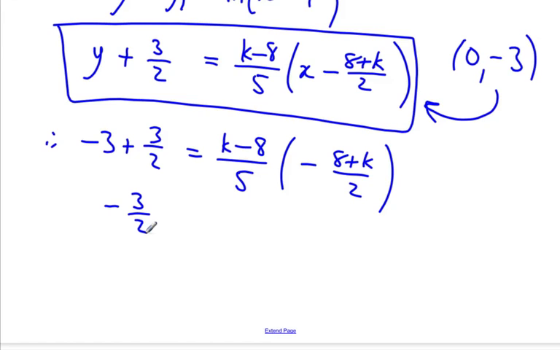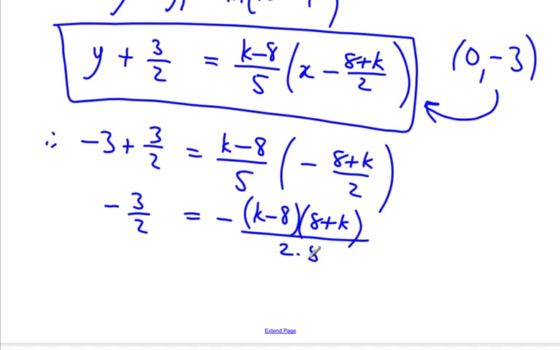On this side, we've got a negative sign there. So it's negative, and we're going to cancel those out shortly. On the top line, we've got k minus 8, and we've got 8 plus k on the top there. And on the bottom line, we've got a 2 and a 5. And I'm going to leave it as 2 times 5 on the bottom line. Okay, so that's what we've got simplified.